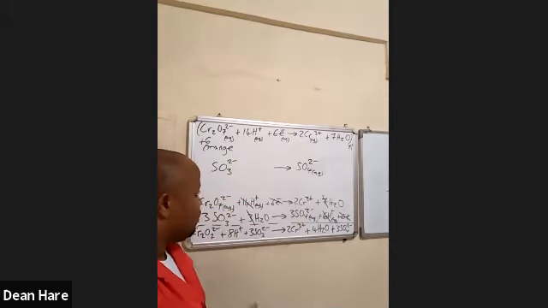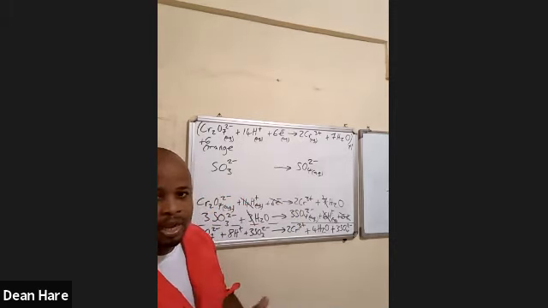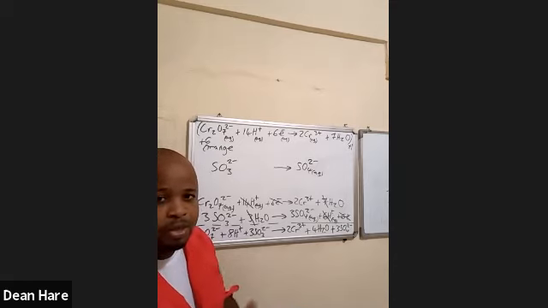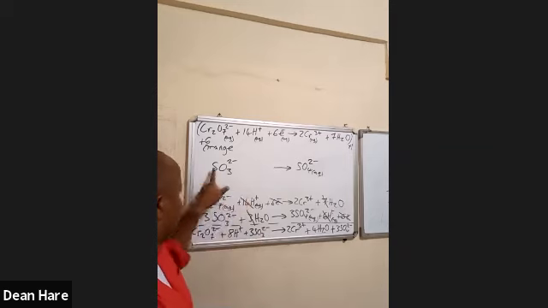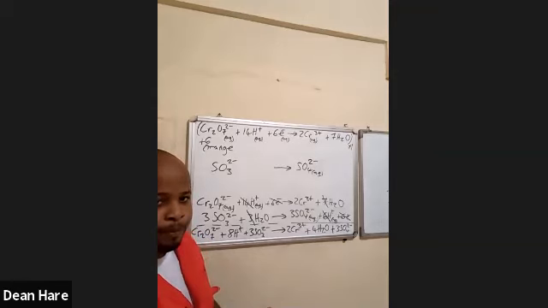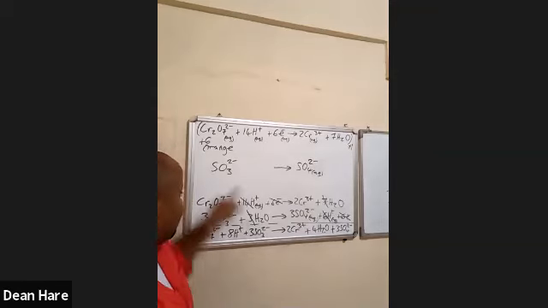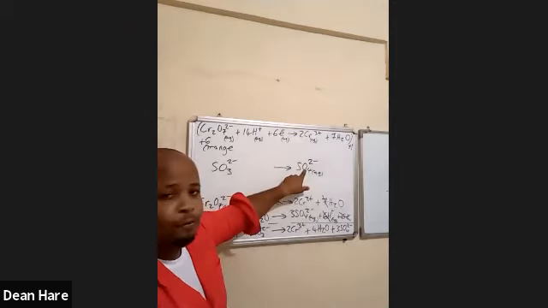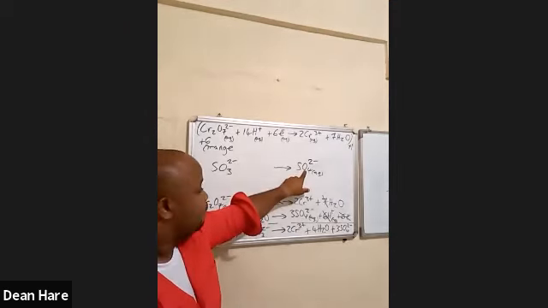So the first thing we need to do is balance it like a regular equation. So we balance it in terms of atoms. So 1 sulfur is on both sides of the equation, so sulfur is balanced. When you look at this side, we have 3 oxygen, and 4 oxygen on this side.